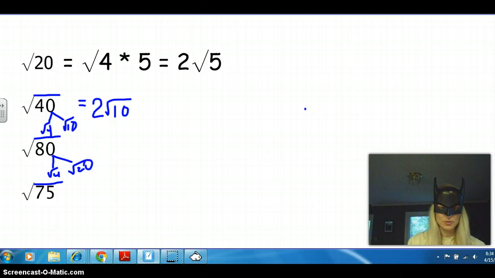So I know that the square root of 4 is the answer of 2. 20 is not a perfect square, but if I multiply it again, the square root of 4 times the square root of 5, we have another perfect square. 4 again, the square root of 4 is 2. So when I write my answer here, I have 2 times 2, which is 4. So I have the whole number 4 and the square root of 5 left. So the square root of 80 can be simplified down to 4 square root of 5.